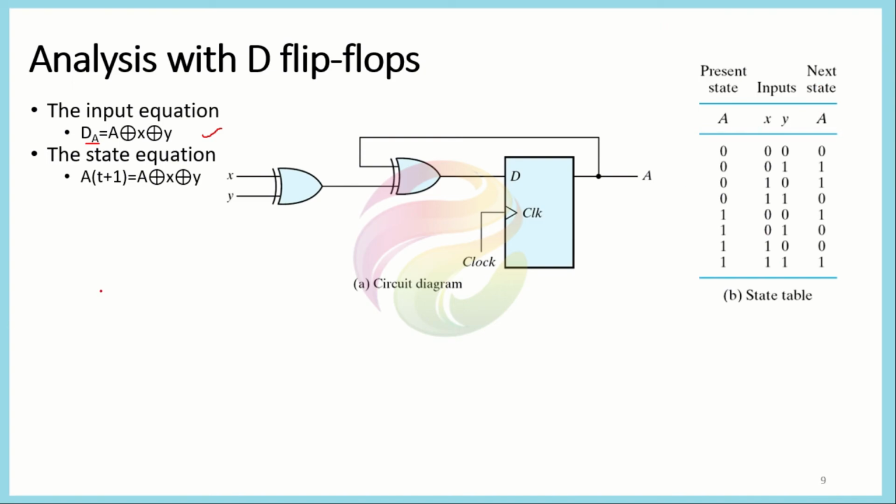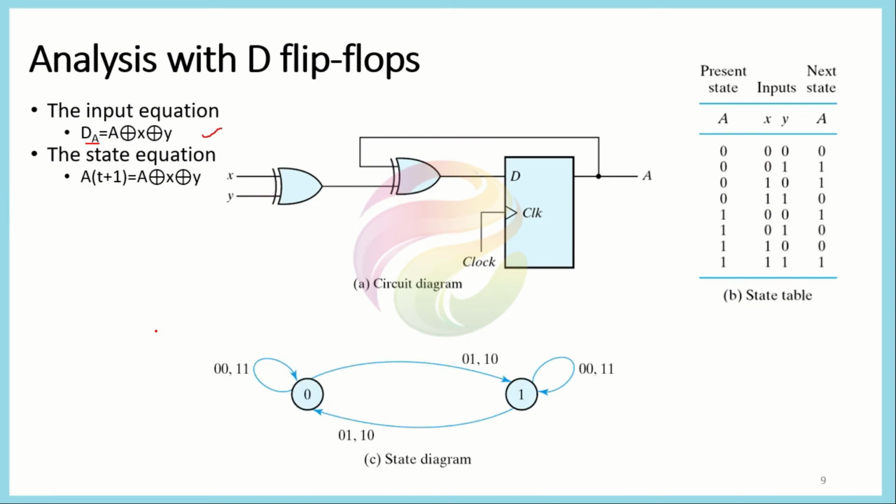The next thing is now to draw the state diagram of the system. In this case, because we have only one state output, represented as A, it could have either value of 0 or 1. So we would have basically two circles representing each state of this flip-flop output, one is 0 and one is 1.